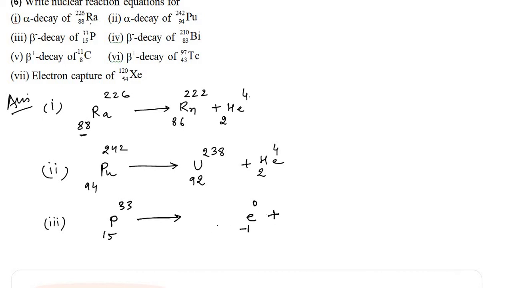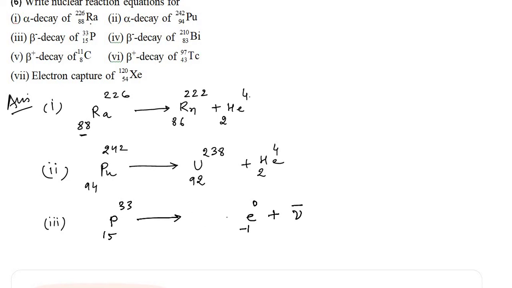There is no electron inside the nucleus, but the neutron changes, and because of that we get an electron from the nucleus. Along with beta decay, an anti-neutrino is emitted.